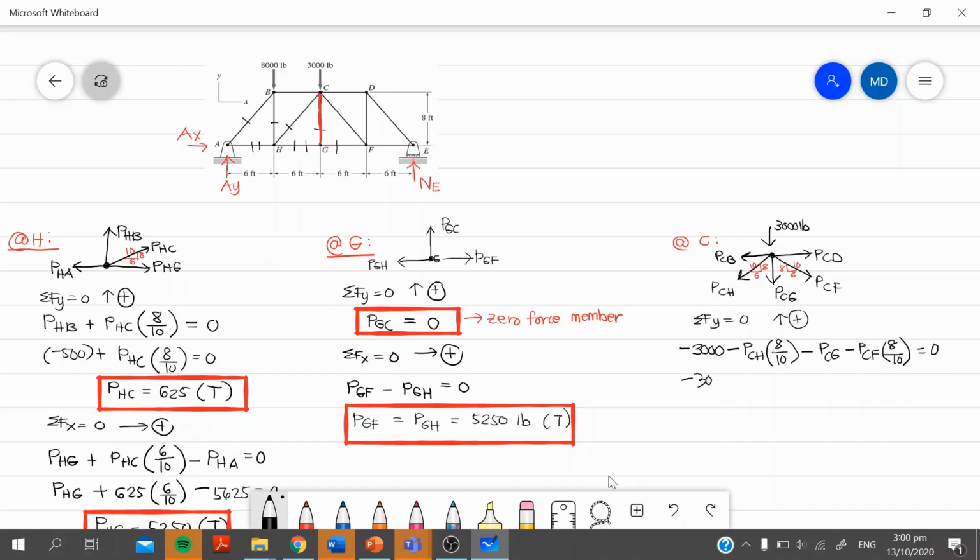Now, we already solved force CG, right? And force HC. So, CH or HC, it's the same, 625. Force CG or GC, already solved as 0. So, unknown is force CF. Okay, solve for CF.